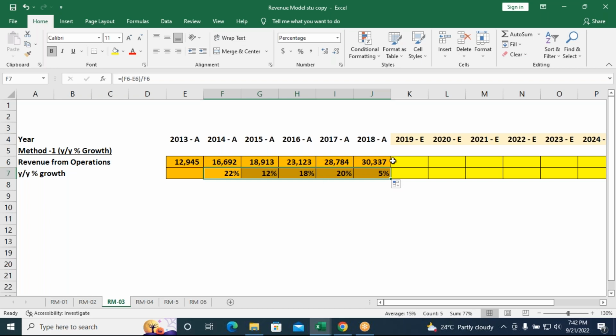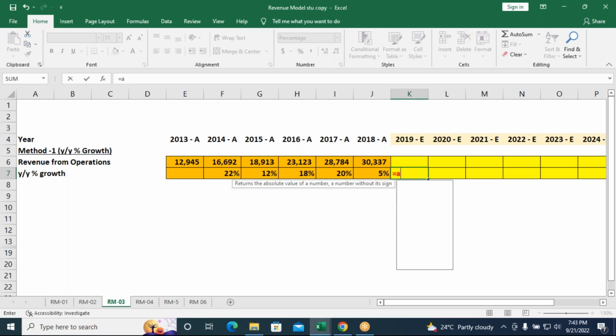Okay, so now let's calculate this one. For 2019, before that we will check what the year on year growth is that has happened. Now they have not mentioned the revenue, and they have not mentioned the growth percentage either. So what I will do is take the previous 5 years growth percentage that they have given. For this I'll be using the average function. So is equal to average, open the parenthesis and select the range of 5 years.